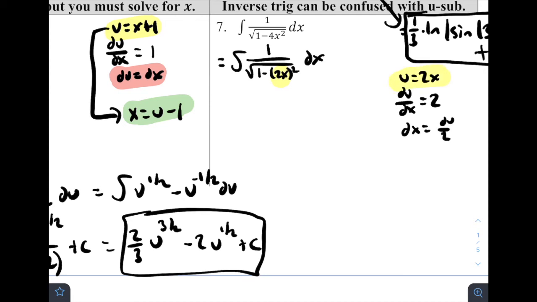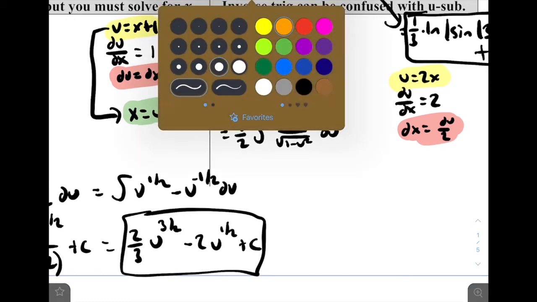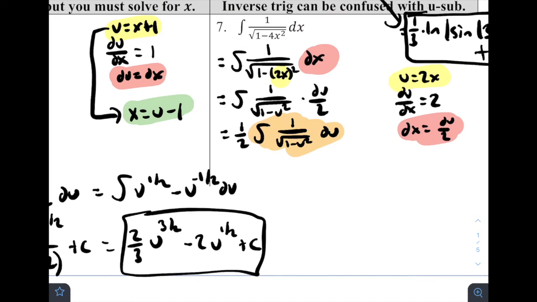So we can plug that in, and we know that dx is du over 2, so we'll plug that in there. So this is the integral of 1 over the square root of 1 minus u squared times du over 2. This over 2 is like a 1/2 coefficient, which I'm going to bring outside. So that's 1/2 times the integral of 1 over the square root of 1 minus u squared du. And if you take a look at this, this is one of our inverse trig antiderivatives.